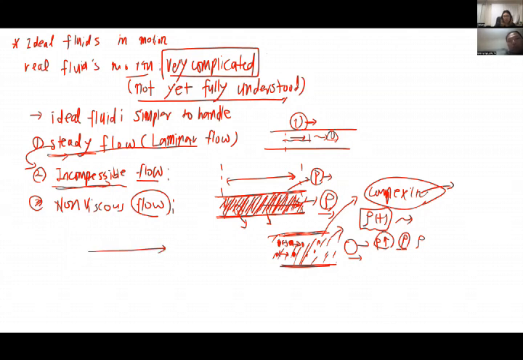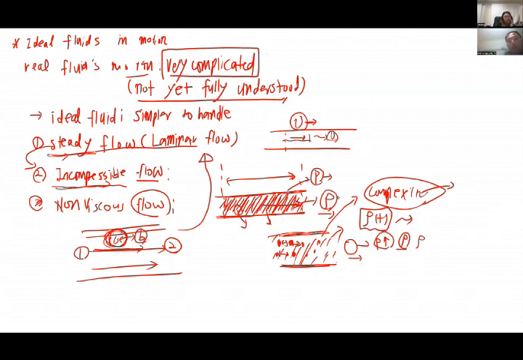Once the fluid travels from one spot to another, the viscosity should not change its velocity. If viscosity comes into play, the velocity will change over time, and in that case the first condition, steady flow, will no longer be valid. You can't apply steady flow. So viscosity should not be involved in describing the fluid motion.